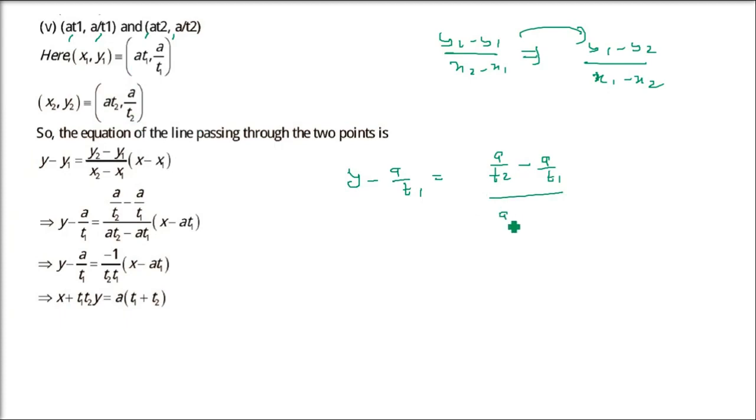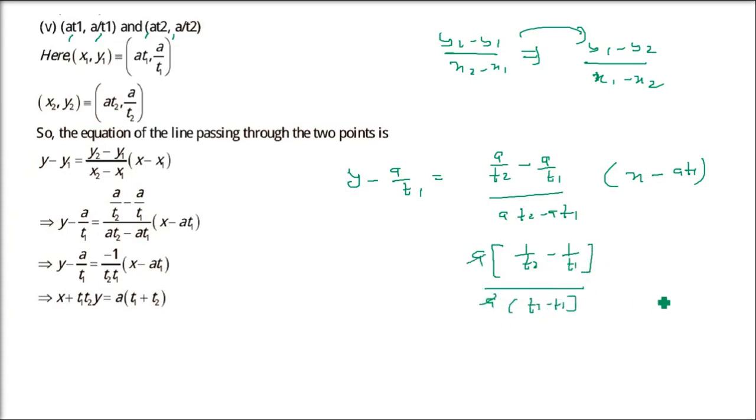Now coming to our question, this is a t2 minus a t1, and here we have x minus a t1, x minus x1. Now let us take this slope. This we will solve first. Take a common, 1 by t2 minus 1 by t1 will come. In the denominator also you take a common, so t2 minus t1 will come. A cancels.